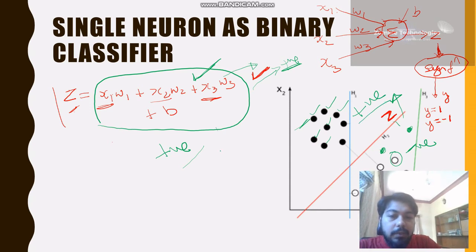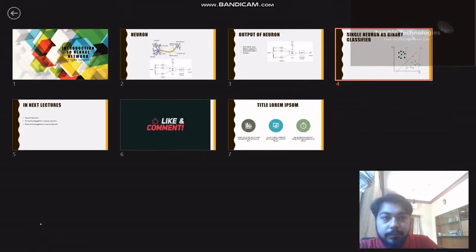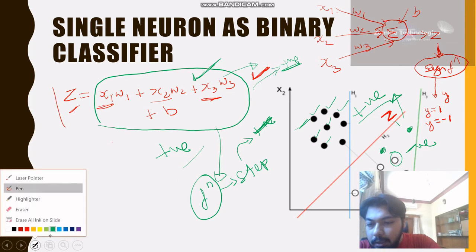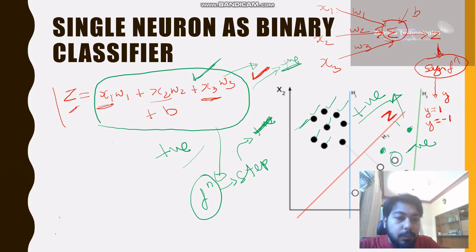When I give this positive or negative output of this line to any activation function, let's say the step function, the output would be plus 1 for all these points.